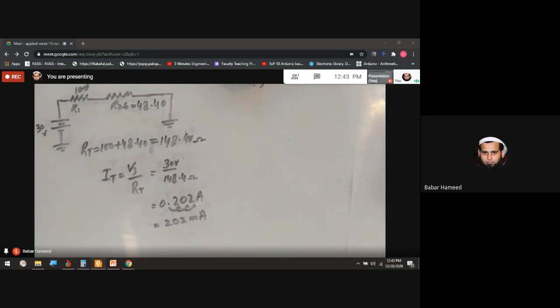Now, the important thing is how to calculate branch current, using current divider formula or Kirchhoff current law, Ohm's law, or a combination of both. You can find the current in any branch of a series parallel circuit. In some cases, it may take repeated application of the formula to find a given current.